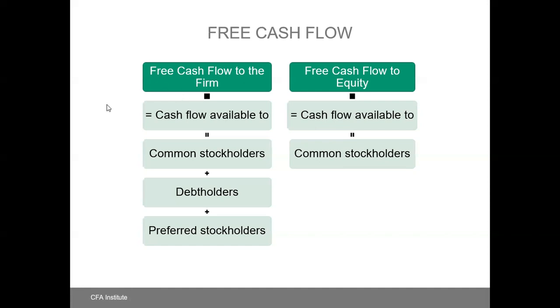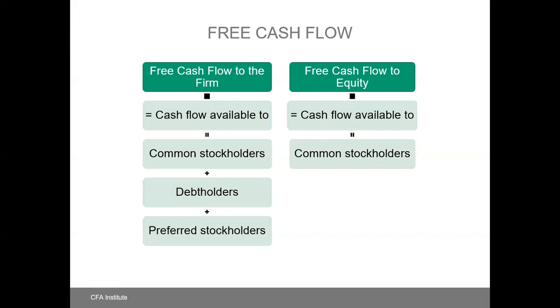Another way of looking at the free cash flow is to think of free cash flow to the equity holders. Here we are skipping other capital providers. We are only considering the capital provider who provides the equity capital.